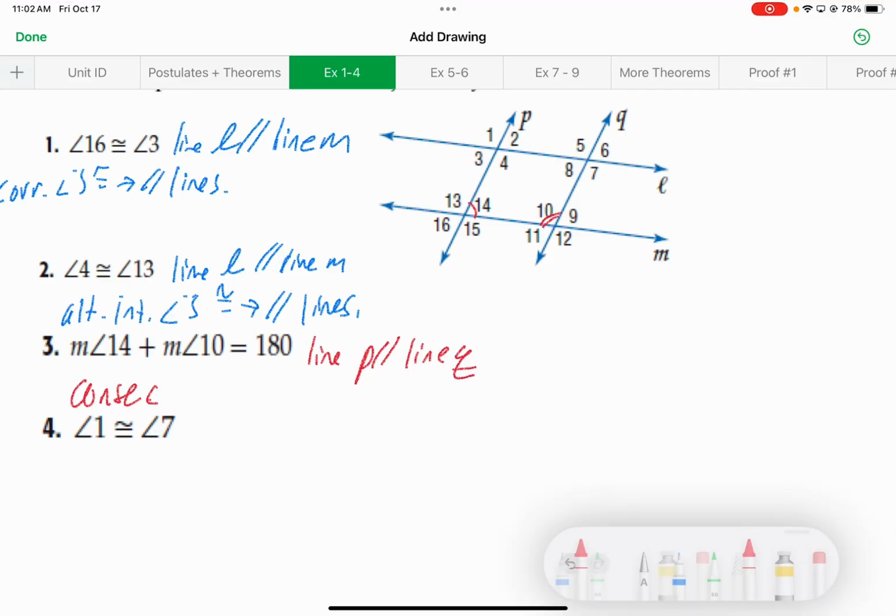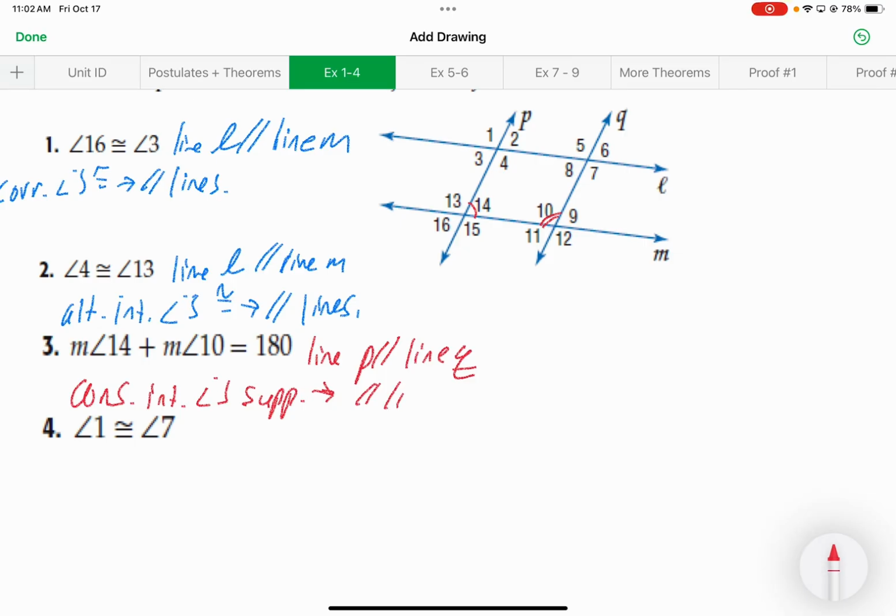Was it CONS? I didn't go all the way to the letter C, did I? Okay, so consecutive interior angles supplementary imply parallel lines. The most annoying part is writing all those justifications. Sorry.